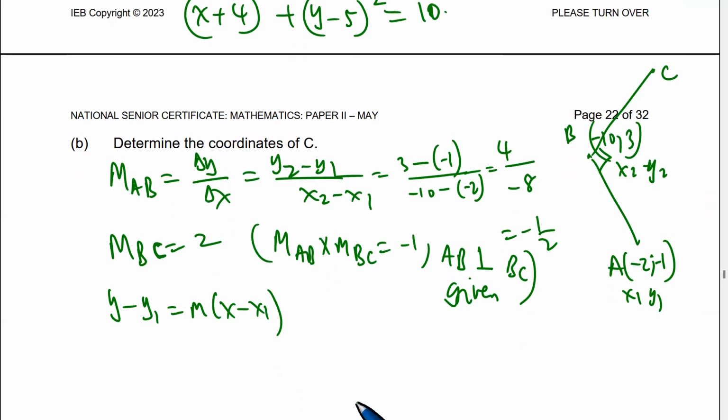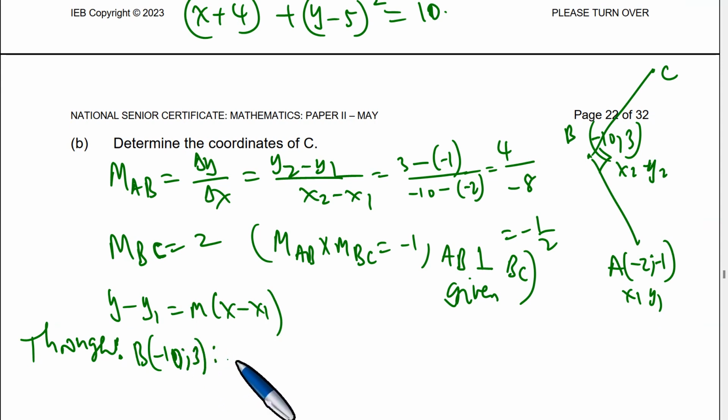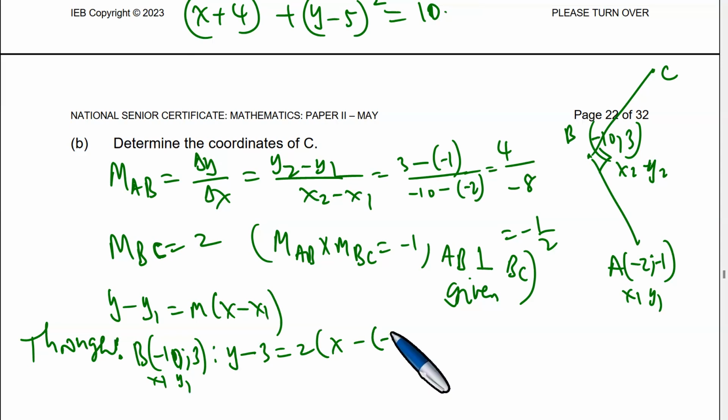From the sketch and the diagram given in the exam, line BC passes through B with the coordinates -10, 3, which is x1, y1, which means y minus 3 equals the gradient 2 into x minus -10, which is 2x plus 20 plus 3.